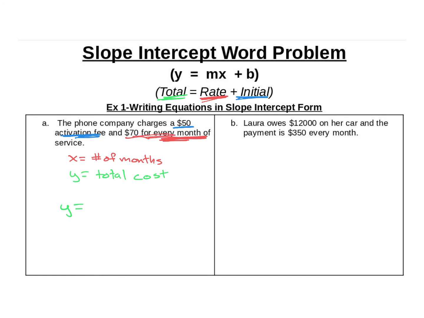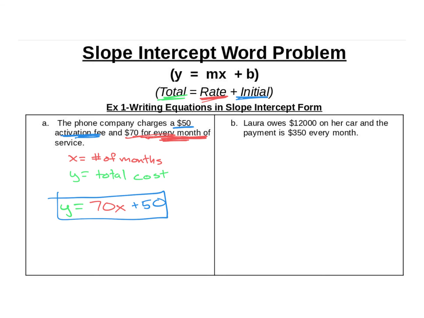When we look at our rate, this is $70 per month. So that's $70 per X, so 70 times X. And then the last thing we're looking at is that activation fee, which would be plus 50. So all said and done, that would be Y equals 70X plus 50, where the Y would get us an equation for your total cost over time.